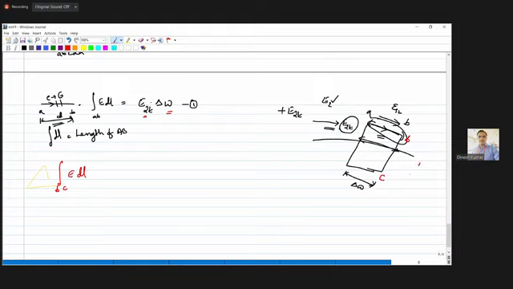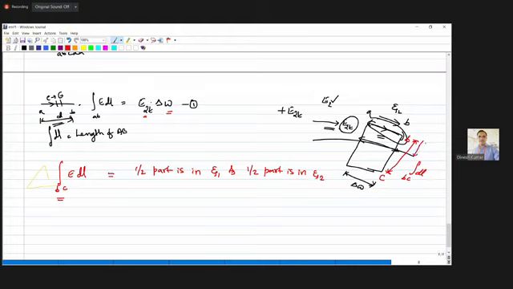So the integral over BC of dl is nothing but the total length of this conductor BC. But with respect to this conductor BC, half of the part is in epsilon 1 and half of the part is in epsilon 2. So that is the reason.